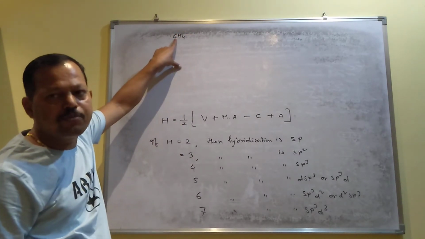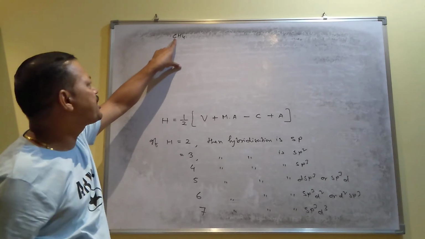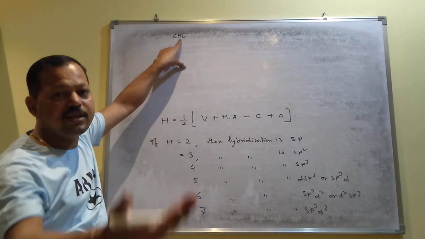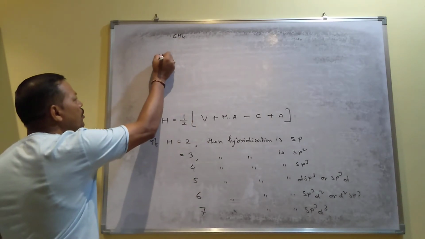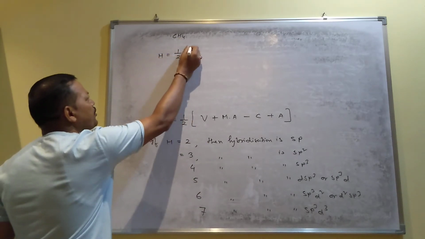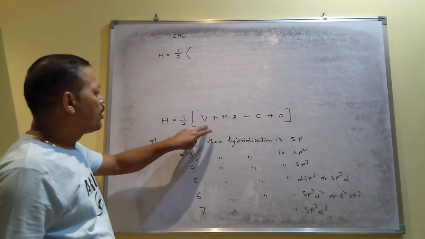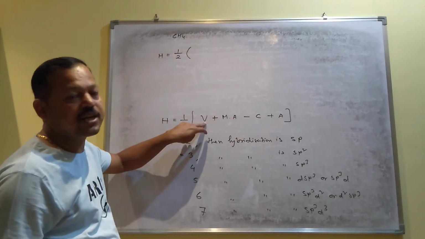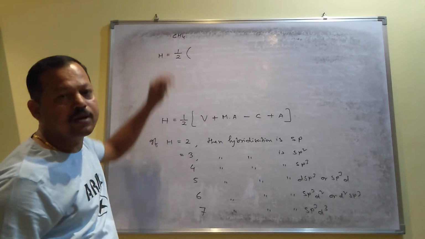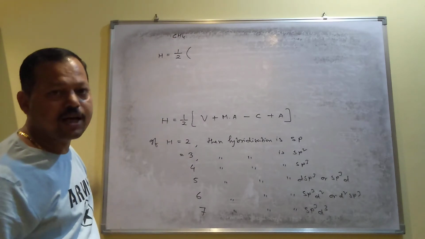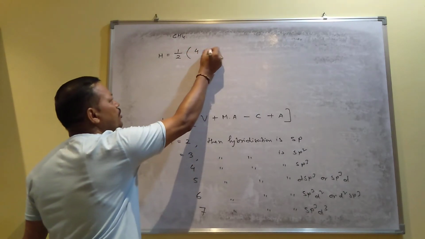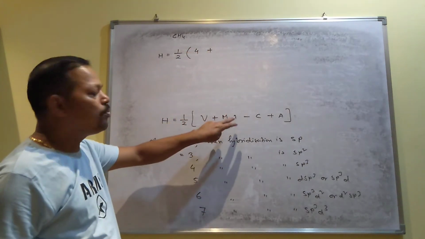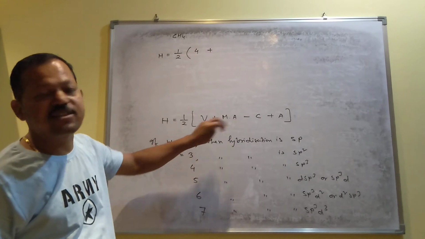Carbon is said to be the central atom because it is present at the center, and hydrogens are present in the surrounding, that's why they are called surrounding atoms. So when you apply the formula, half of the valence electrons of the central atom, our central atom is carbon. Carbon contains how many valence electrons? Carbon atomic number is 6, 2, 4. I mean it contains 4 valence electrons, plus number of monovalent atoms surrounding the central atom.